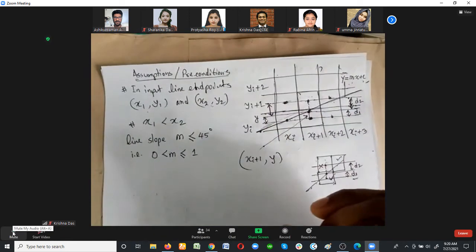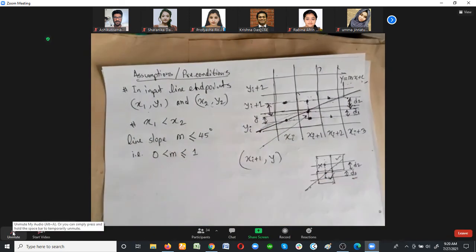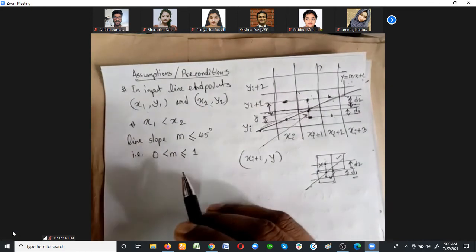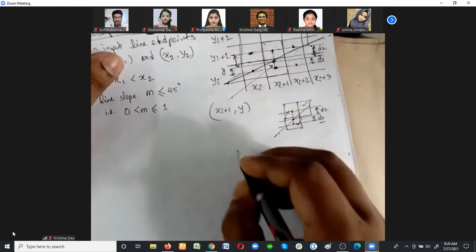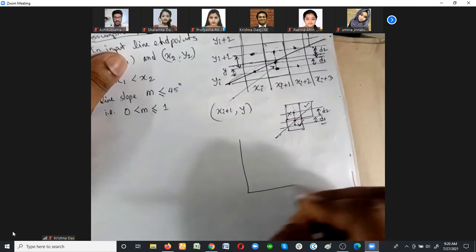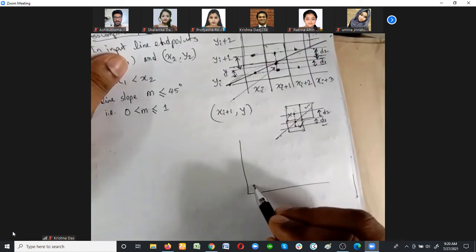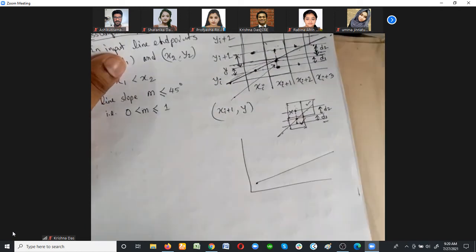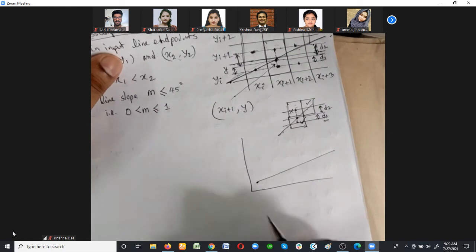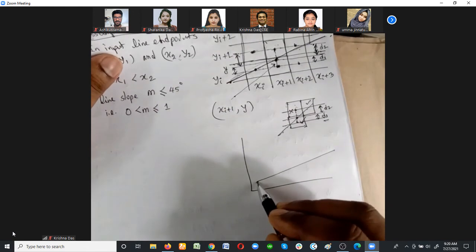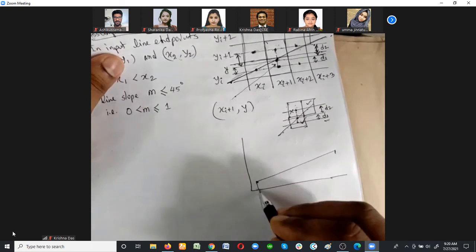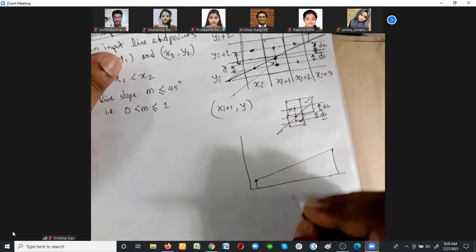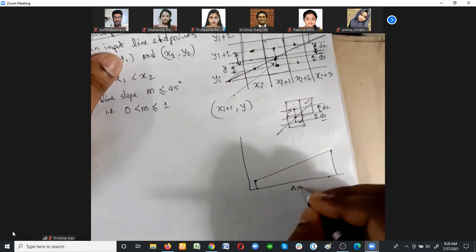About this condition, what is the reason for it? You see, if we have a space where I have a line like that, and you consider the distance or difference between x coordinates here, this is del x.